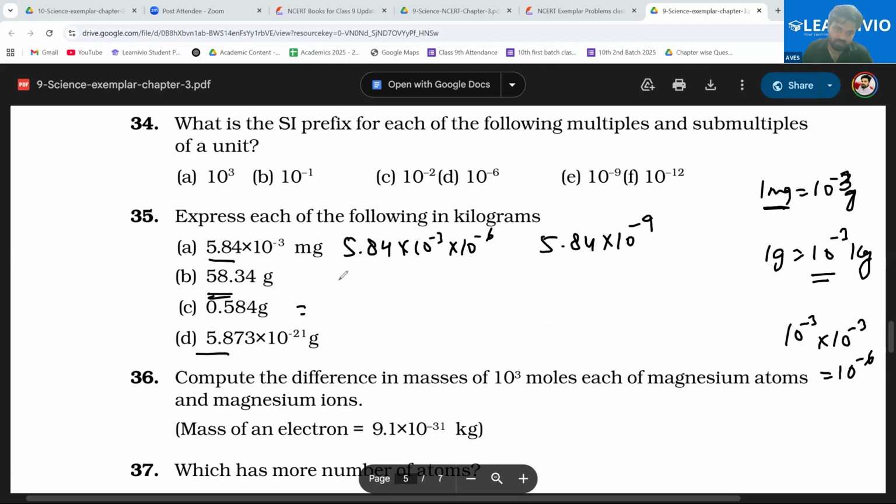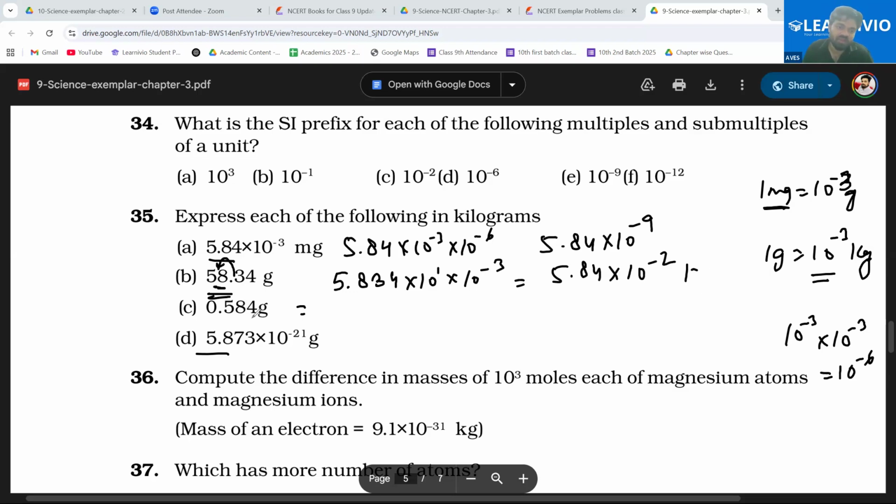Same, first you will write 5.84 into 10 raised to the power plus 1, because you have shifted the decimal to this side. You have reduced this value 10 times, so you have to multiply it by 10 in order to make it equal. Now it is grams. Now you have to convert grams into kgs, so you have to multiply by 10 to the power minus 3. When bases are the same, you have to add: 5.84 into 10 to the power minus 2 kg.